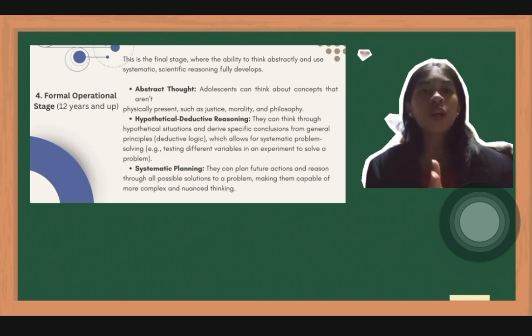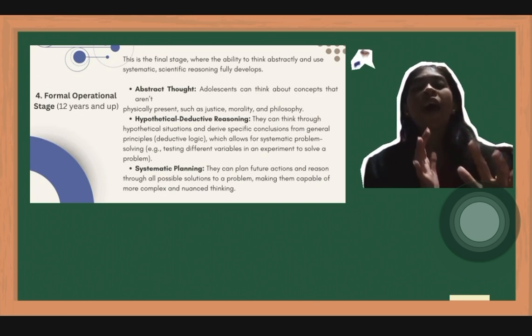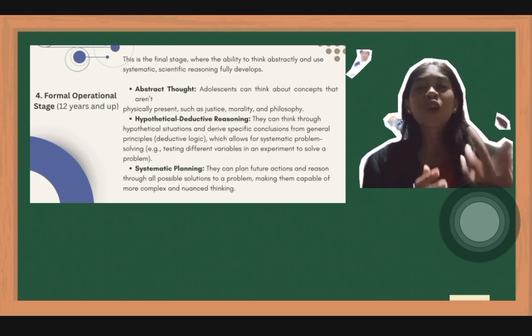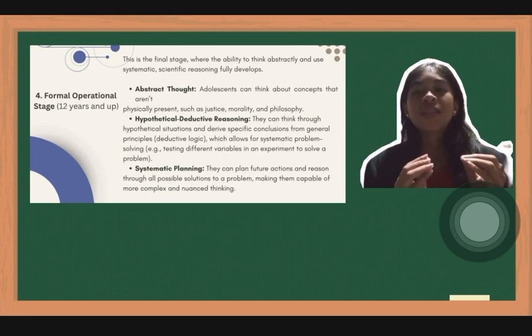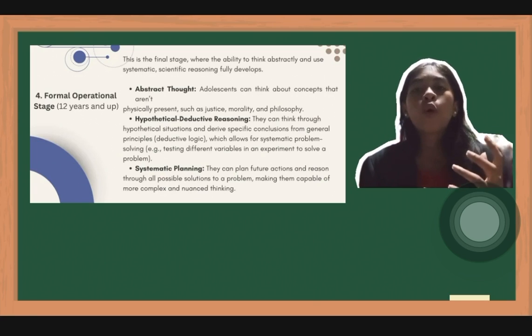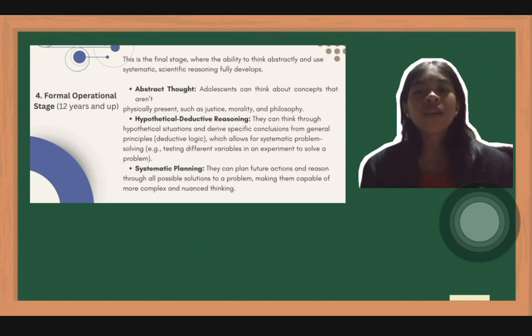The fourth one will be the formal operational stage, 12 years and beyond. In this final stage, individuals develop the ability to think abstractly and reason about hypothetical situations. They can form and test hypotheses, consider future possibilities, and reflect on their own thinking.